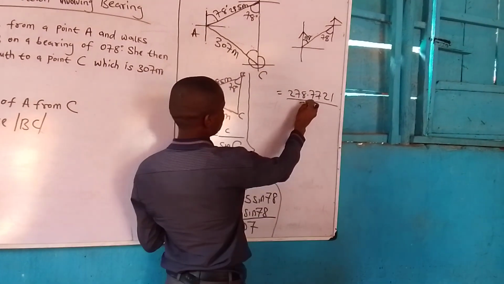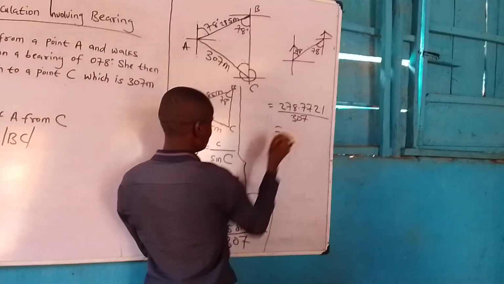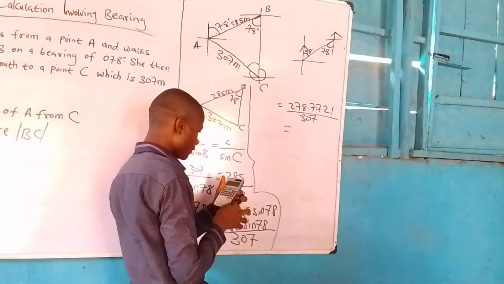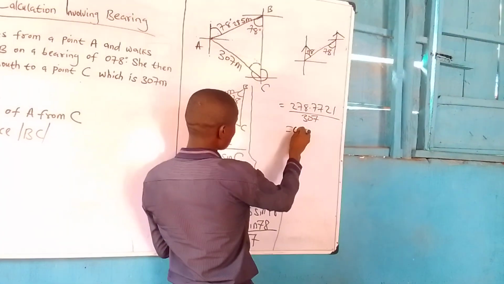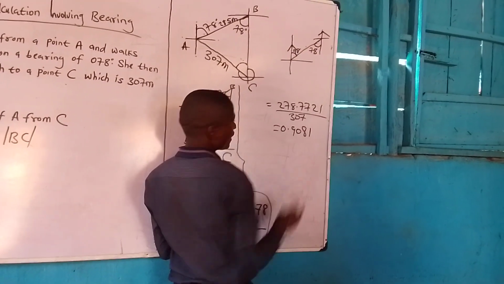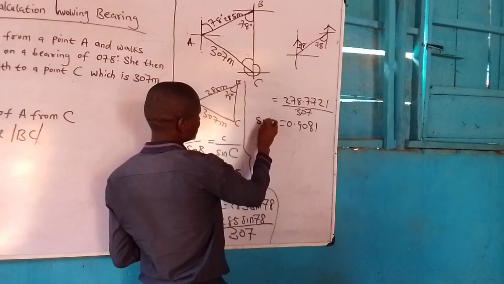We divide it by 307. If you divide it by 307, it will give you 0.9081, right? Then that is sine C.